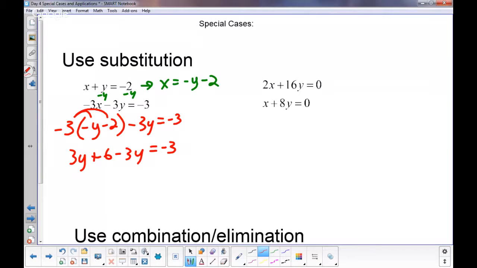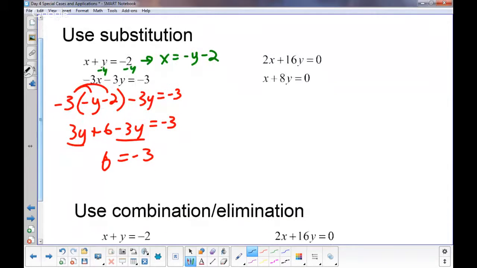And if I combine like terms, I have 3y minus 3y, which ends up being 0. So this ends up being just 6 equals -3. You'll notice 6 equals -3, that can't happen. There's no more y's. There's no x's. There's no variable at all. But I end up with an untrue statement. 6 equals -3.